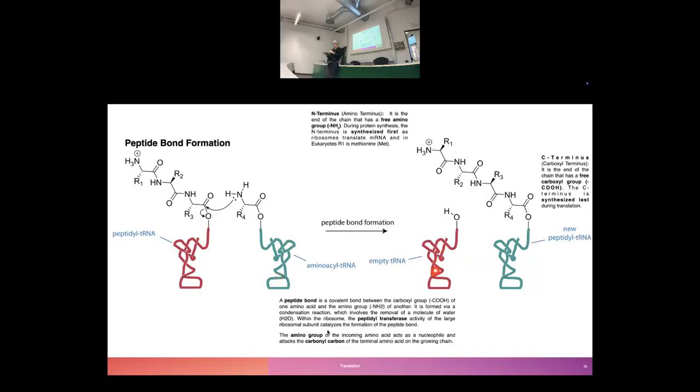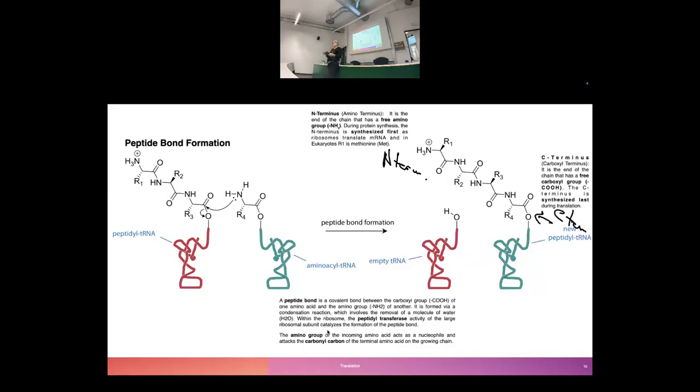And the empty one will slide to the exit site and will leave the interaction with the ribosome. Okay, those are all the steps. So for this reason, the first amino acid will always be the N terminal, and the last one will correspond to the C terminal. Okay?